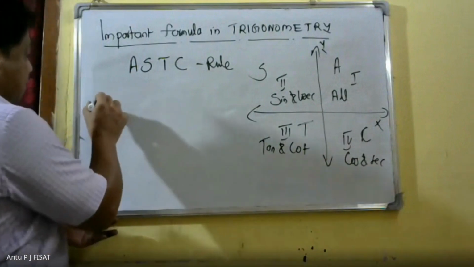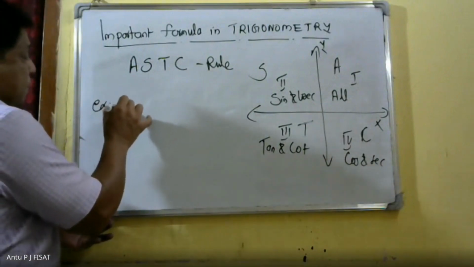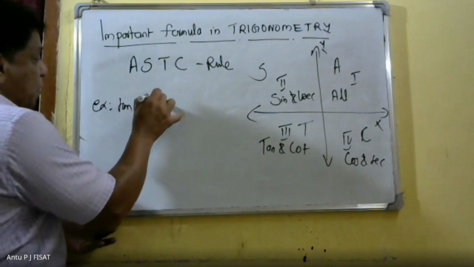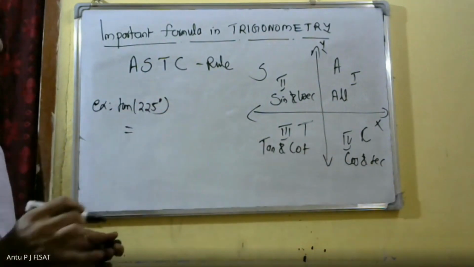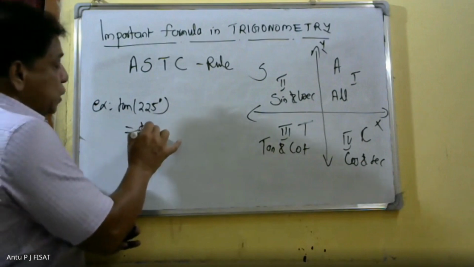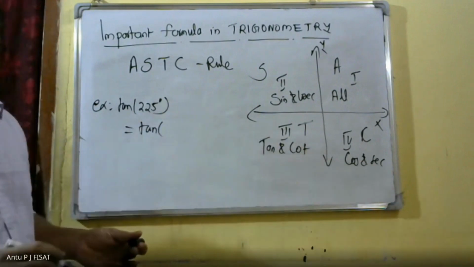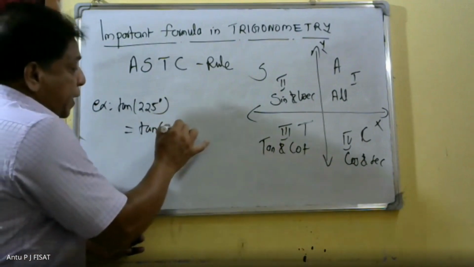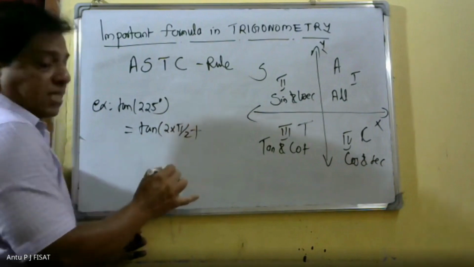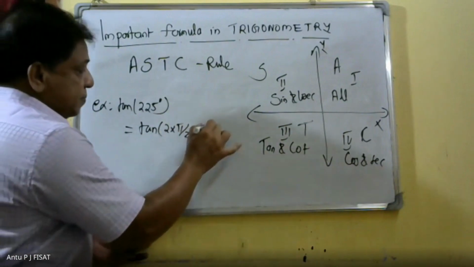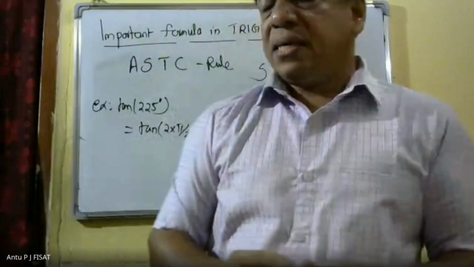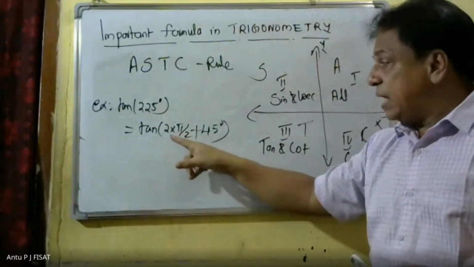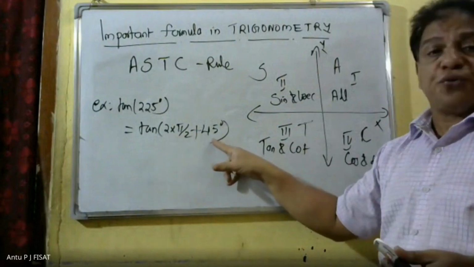For example, tan 225 degree. We have to evaluate tan 225 degree. For that, tan 225 degree can be written as tan of 2 into pi by 2 plus 45 degree.